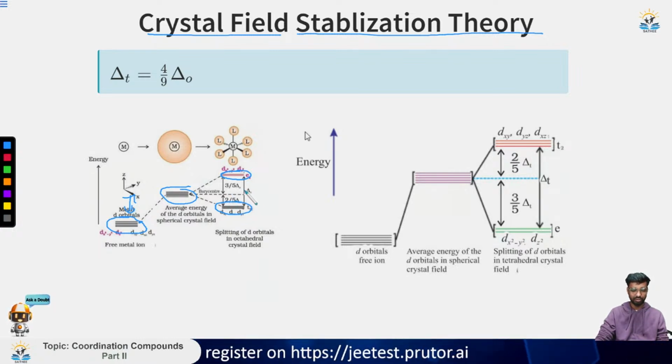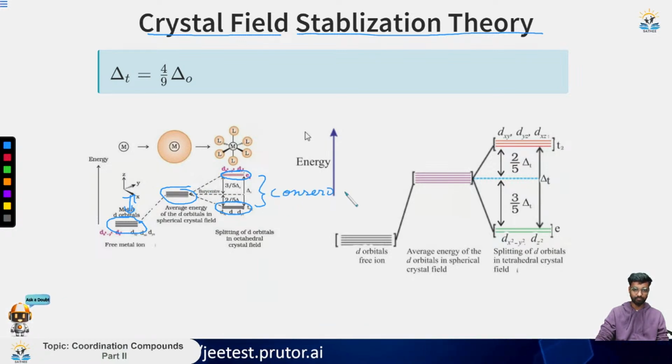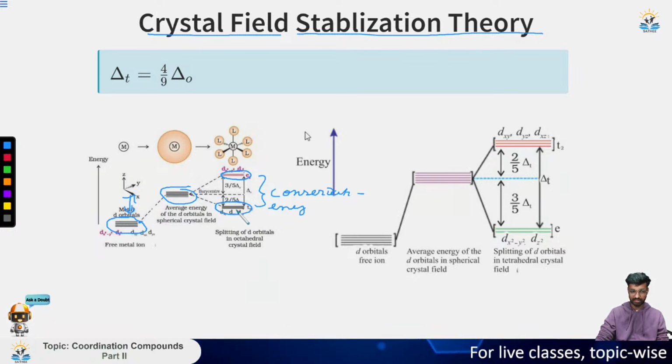One thing to keep in mind is that there is a kind of conservation of energy here. If some orbitals are raised by some energy, at the same time some orbitals are lowered by some energy.